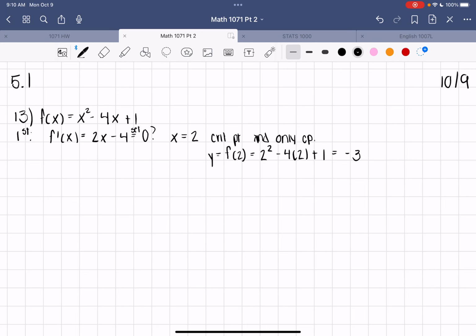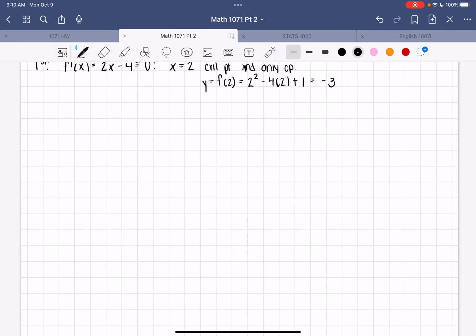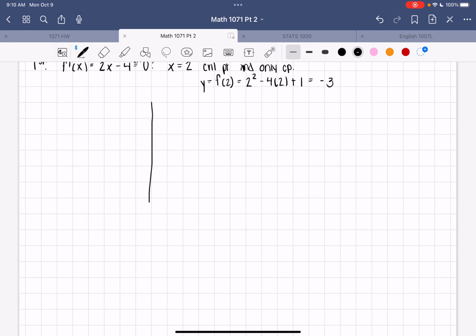Left of 2, right of 2. Now, there are some of you who've done this before, and maybe they taught you to write the interval parenthesis, negative infinity, comma, 2 parenthesis. And maybe they taught you to write this interval parenthesis, 2, comma, positive infinity, parenthesis.